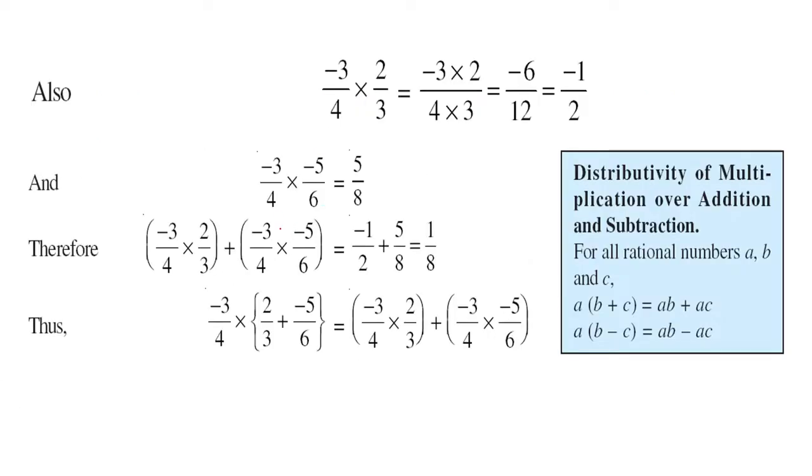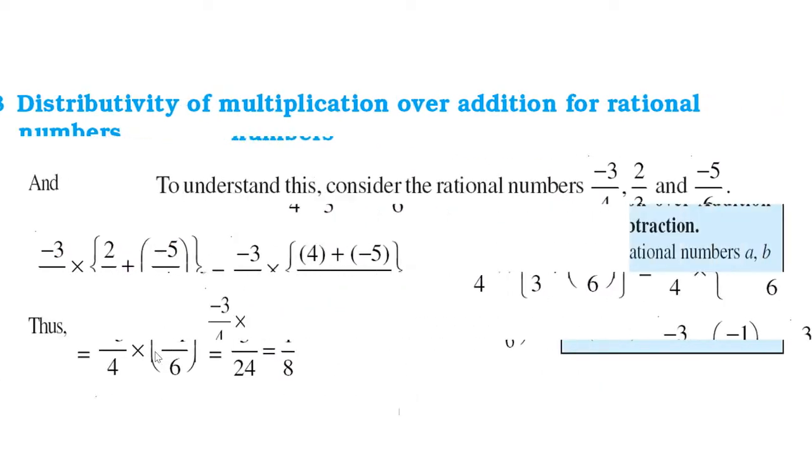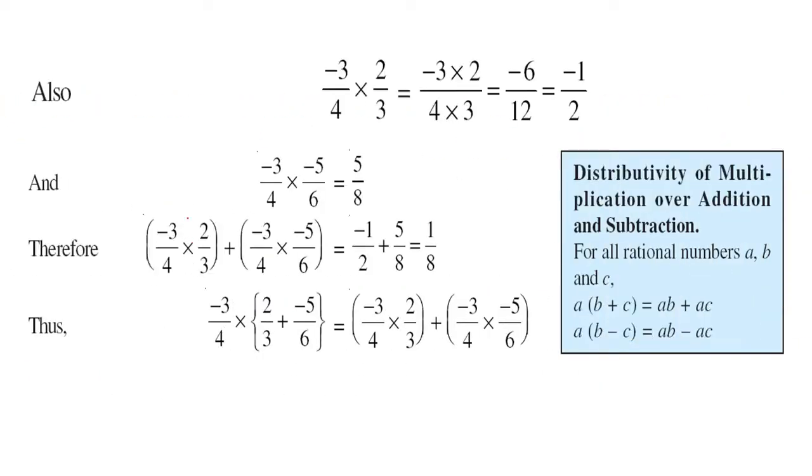Now I'll do another activity. I'll multiply minus 3 by 4 with 2 by 3, then multiply minus 3 by 4 with minus 5 by 6, and then add. I multiply these two, and then add. And if you see, the result becomes the same.